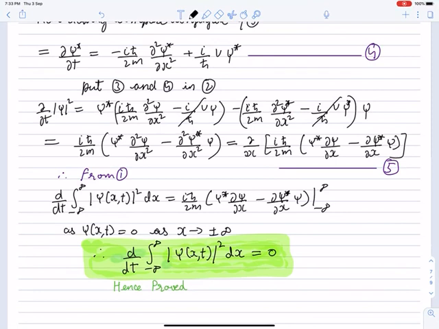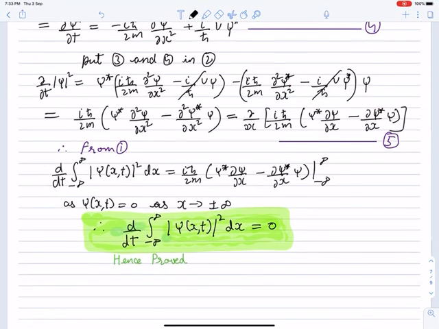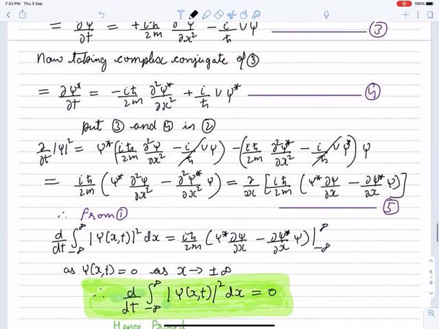So we have proved this. d/dt simply means the rate of change with time. When d/dt is equal to 0, it automatically means the integral is constant. If it is normalized at psi(x,0), then it will be normalized in time evolution, that is psi(x,t). I hope there is no doubt in these questions.